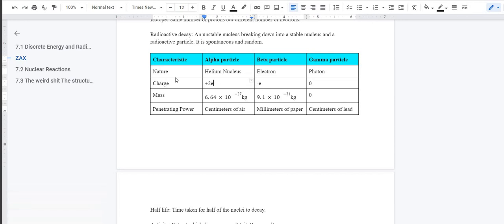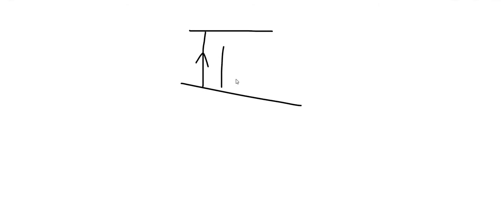So if you have an alpha particle, let's say you have an electric field over here. Actually, let's make it a little simpler. Let's just say you've got a positive charge over here and a negative charge over here, stationary. If your alpha particle goes through, it'll bend this way and curve like that.